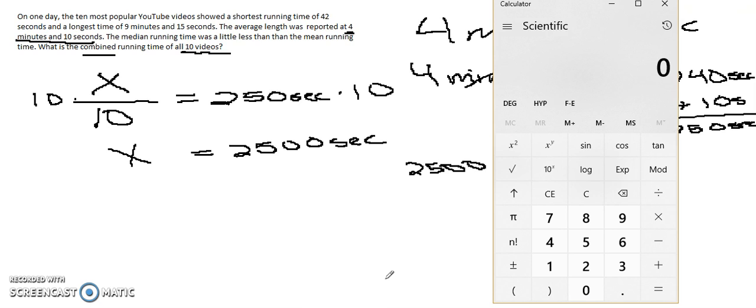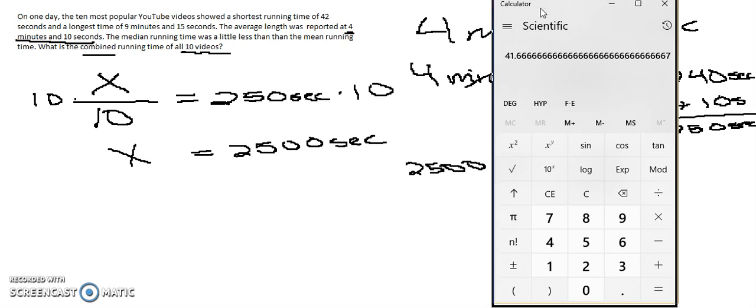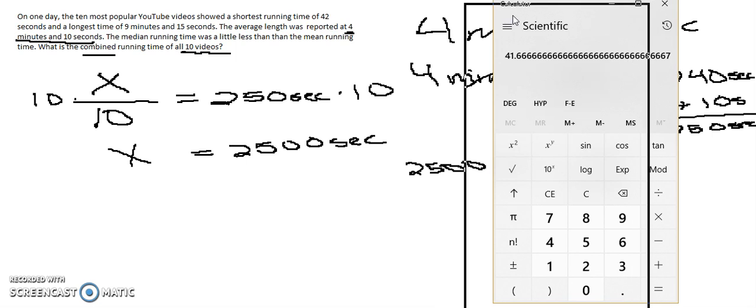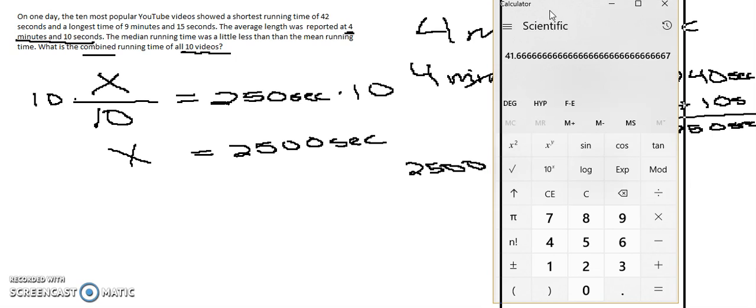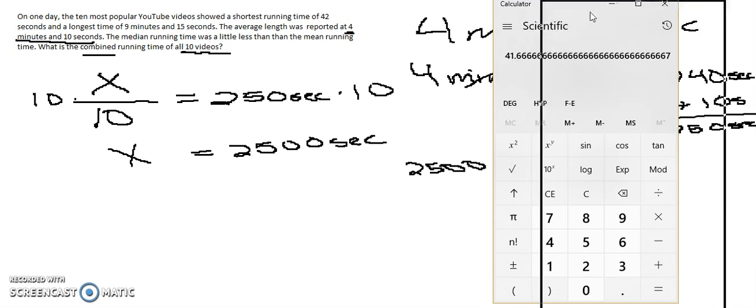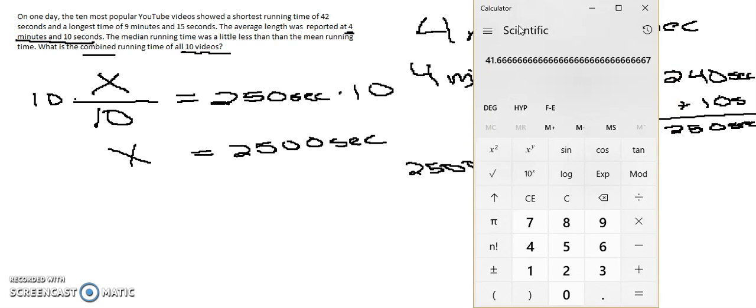And so here's our calculator, 2,500 divided by 60. We end up here with this nice decimal, but I really want to have that in minutes and seconds when I enter it in MapleTA. And so that 41 is going to be the number of minutes right there.